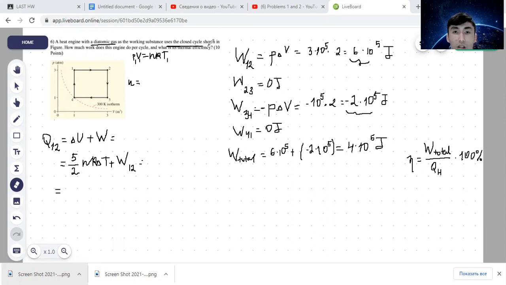Closed cycle means the number of moles is not added and not subtracted.